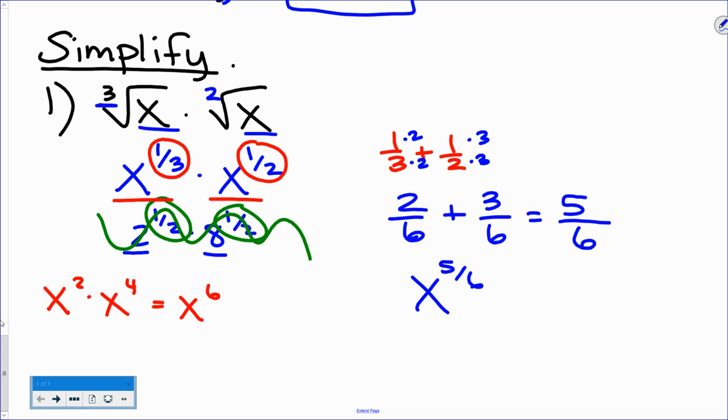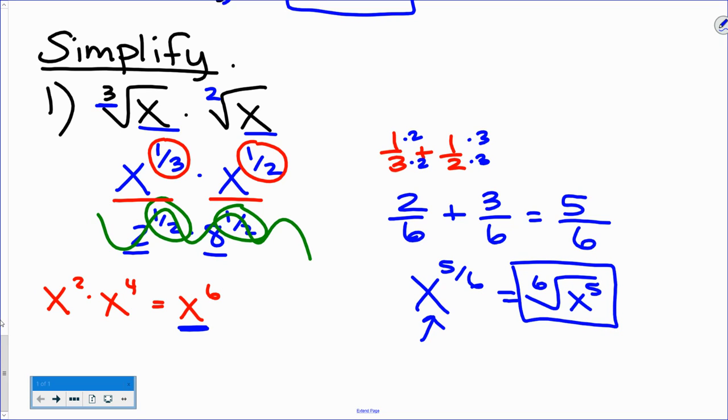Okay, I did not change the base for x, just like I didn't change the base here. I believe most of the problems want you to put it back in that radical form, so this is technically correct, but the 6th root of x to the 5th, I believe, is how I've been seeing it asked in Math Excel. So make sure you pay attention to that little note on how it wants you to write it for a final answer.